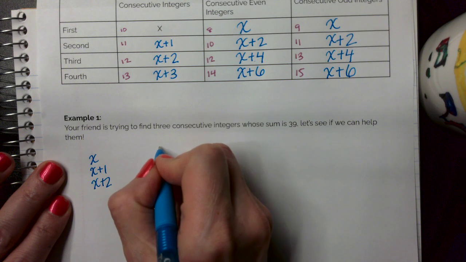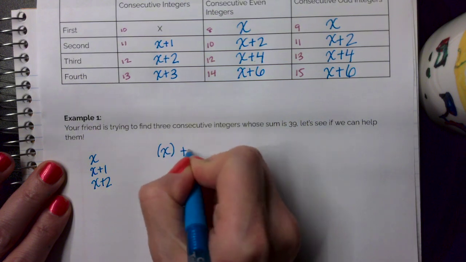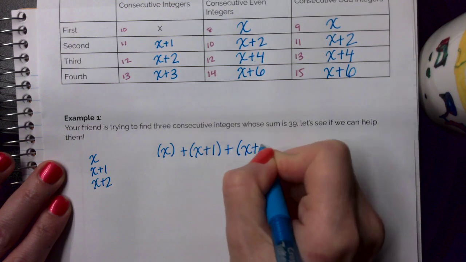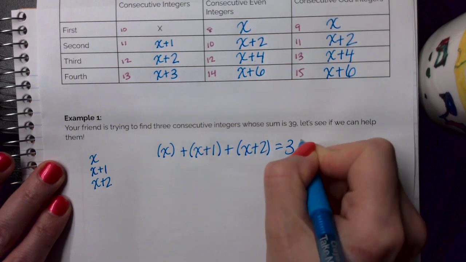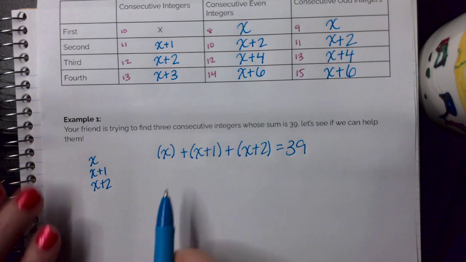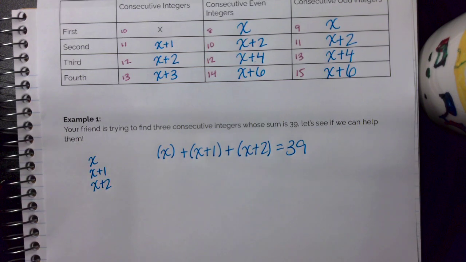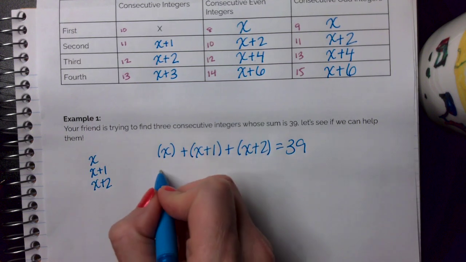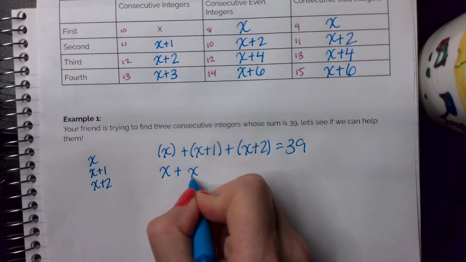So we know that x plus (x plus 1) plus (x plus 2) is 39. I put those parentheses there just in case there was any kind of grouping I needed to take care of. There isn't any distribution, so I can remove those grouping symbols.